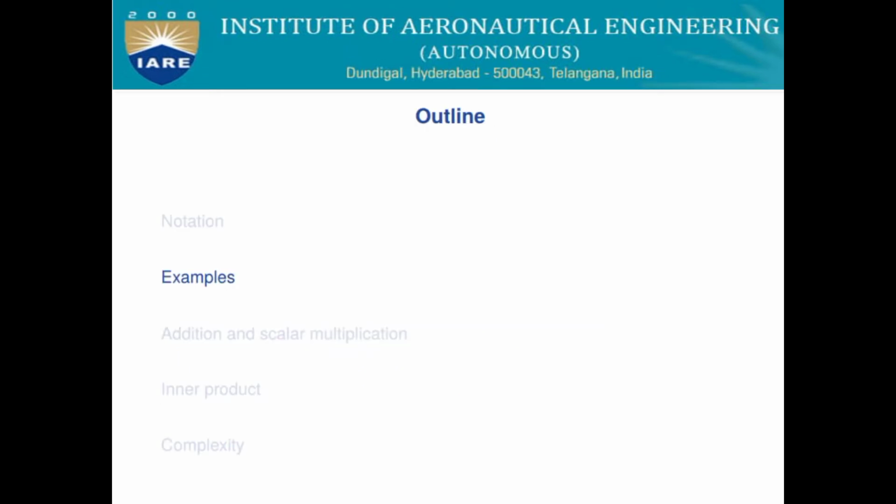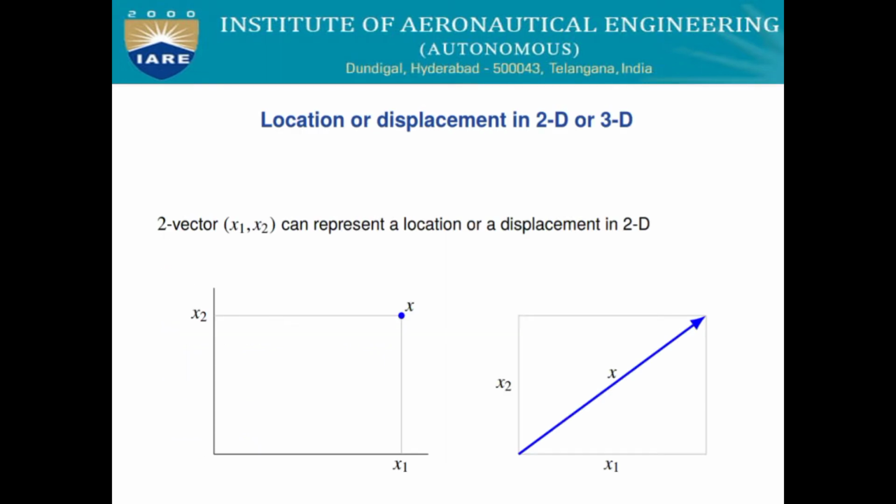Outline: examples. Location or displacement in 2D and 3D. It is also used in physics. Two-vectors x1, x2 can represent a location or displacement in 2D. In a 2D diagram, the x-axis is taken as x1 and the y-axis is taken as x2.